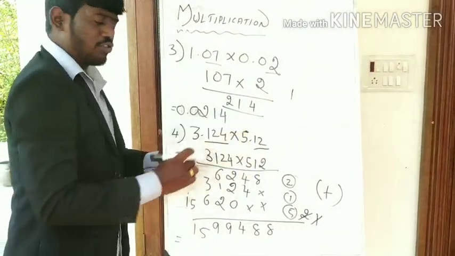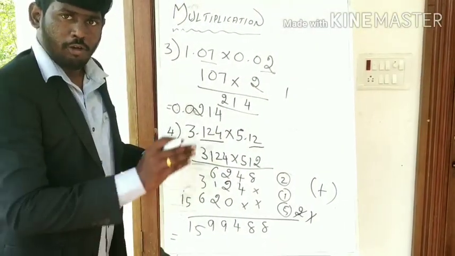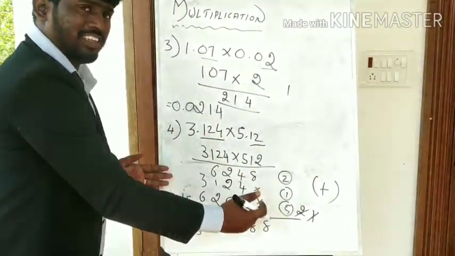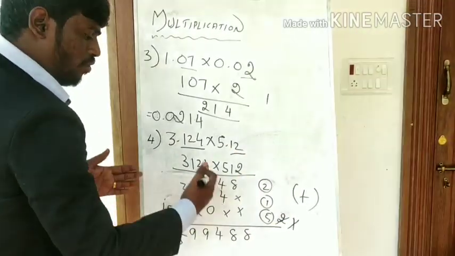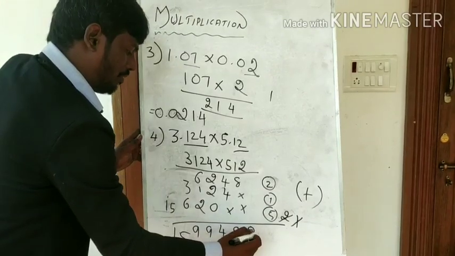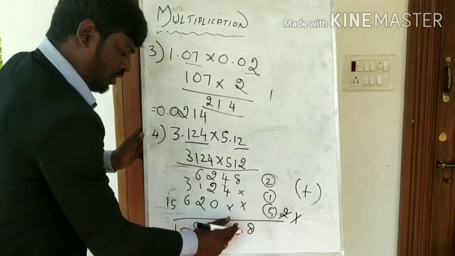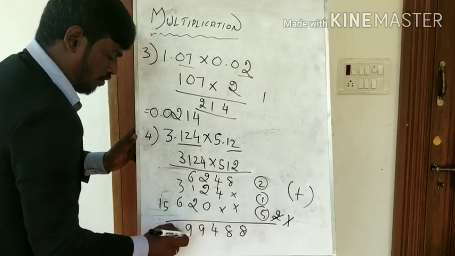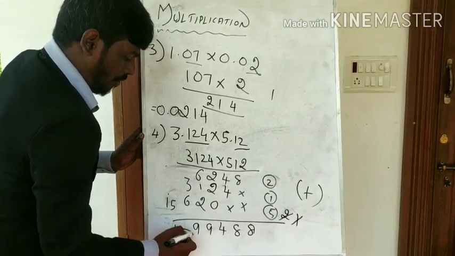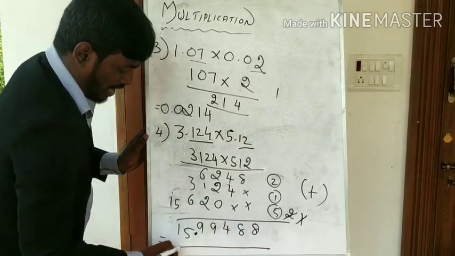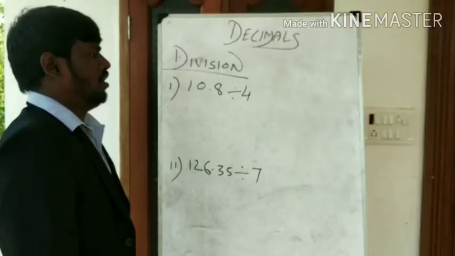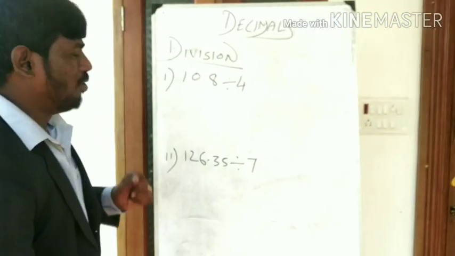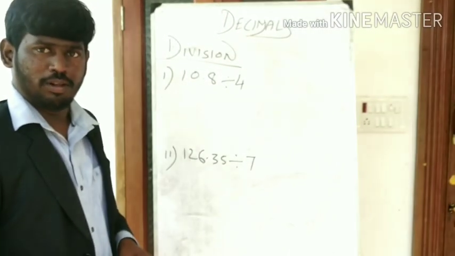So overall in this question you have 5 decimal places. In the answer there must be 5 decimal places. From the right side I have to move 5 places. From here I am going to start 1, 2, 3, 4, 5. Now I am going to give the point here. Now the answer will be 15.99488.